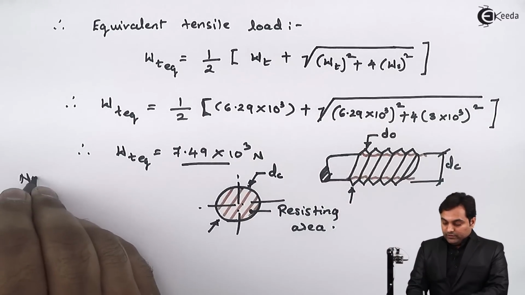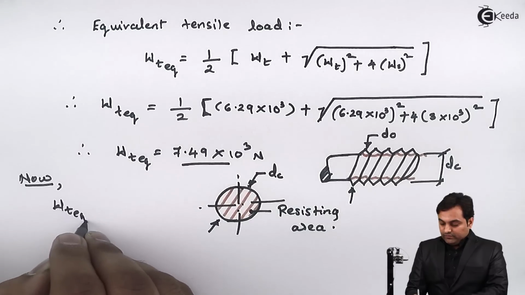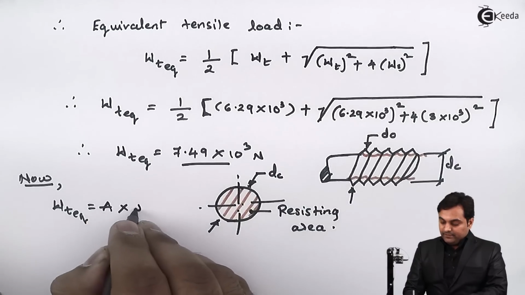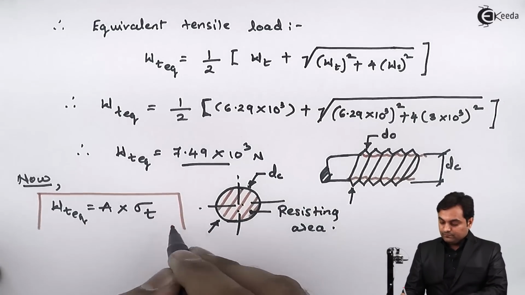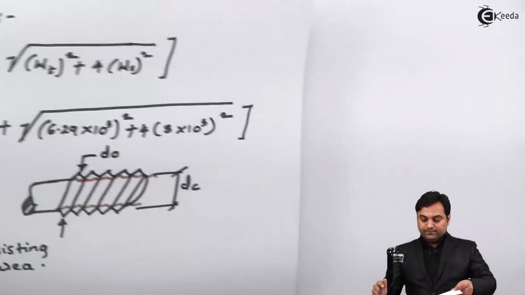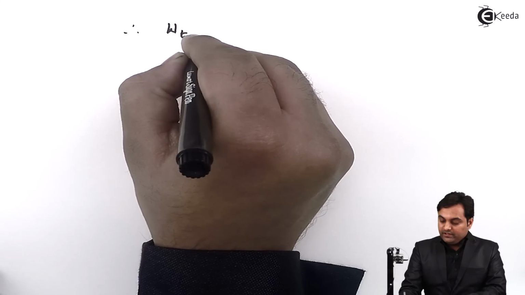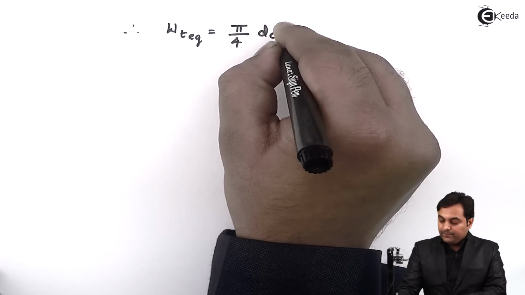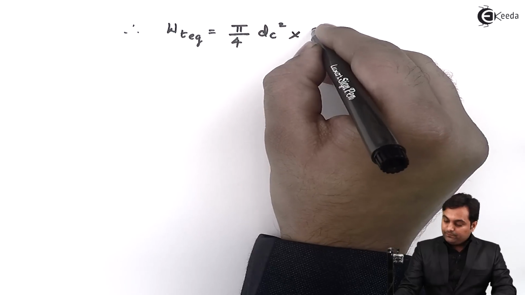So now I can say that this WT equivalent tensile load will be equal to area multiplied by tensile stress. I'll write it onto the next page. So therefore WT equivalent becomes, area is pi by 4 into DC square. Tensile stress is given in the problem as 84.